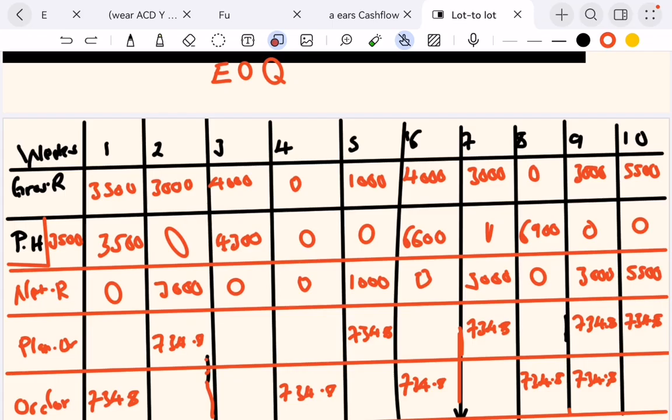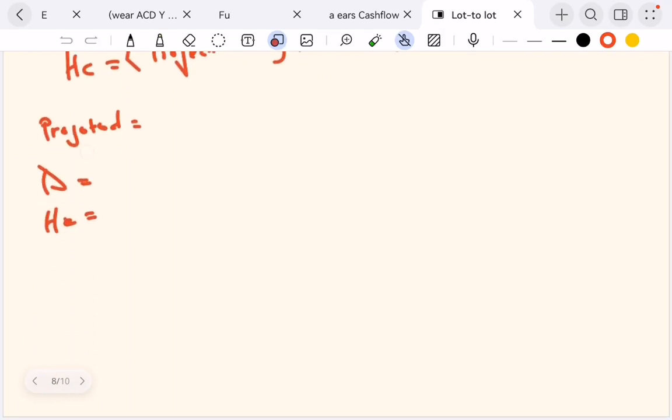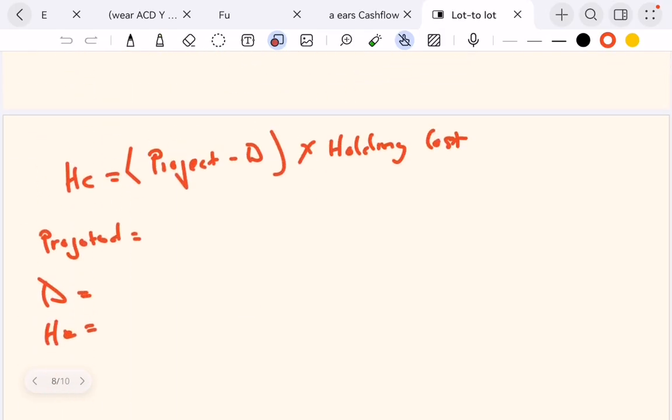What are we getting if we calculate 4,300 plus 6,600 plus 6,900? So we have 17,800.